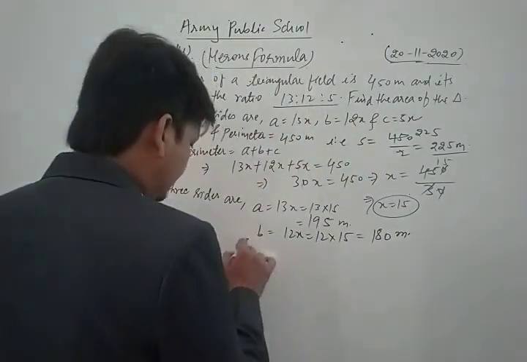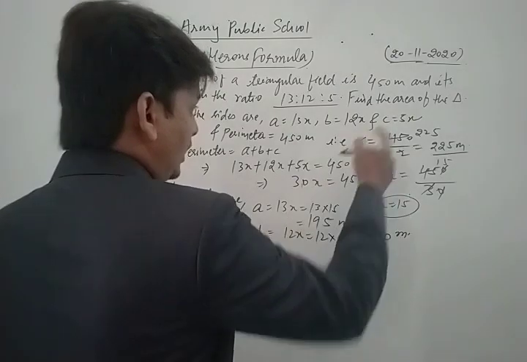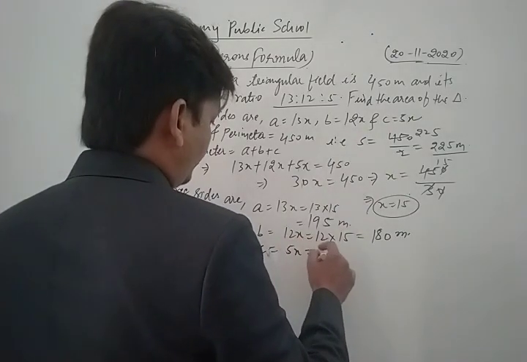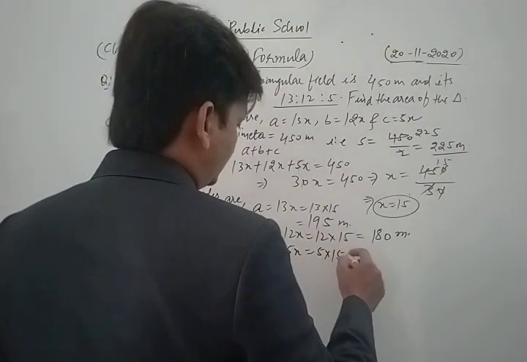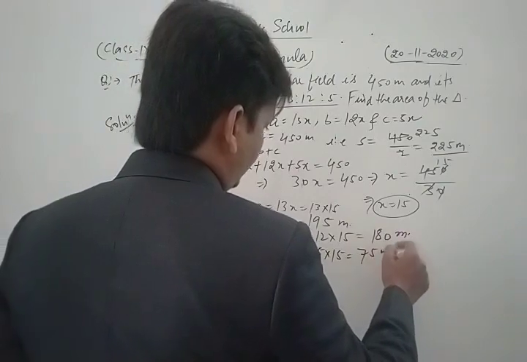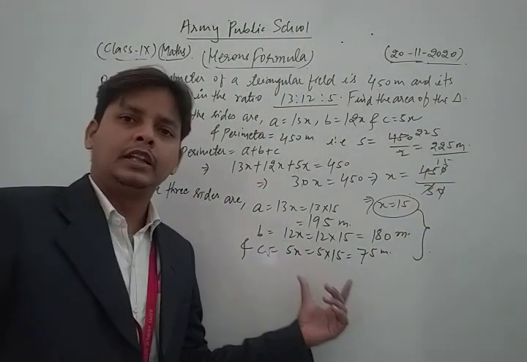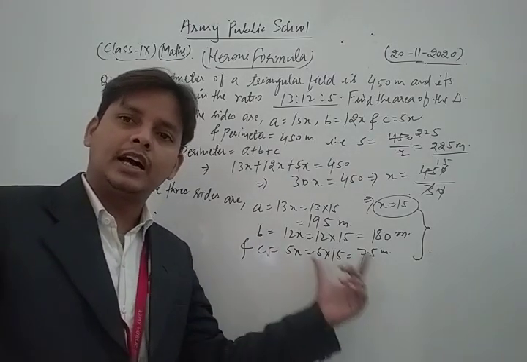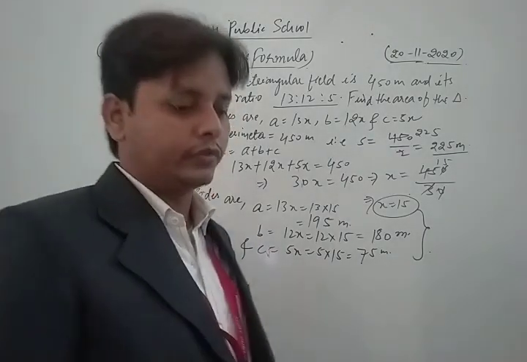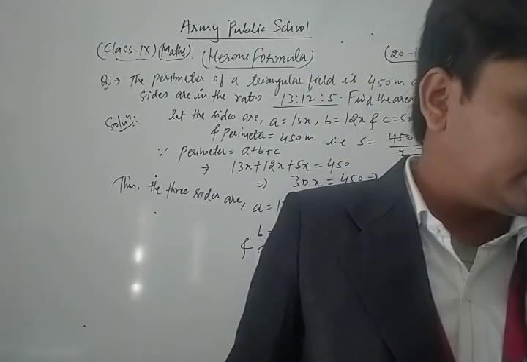And the third side C is 5x, so 5 into 15 is 75 meters. Thus, dear students, in this way, we get all the different sides of the triangular field ABC.